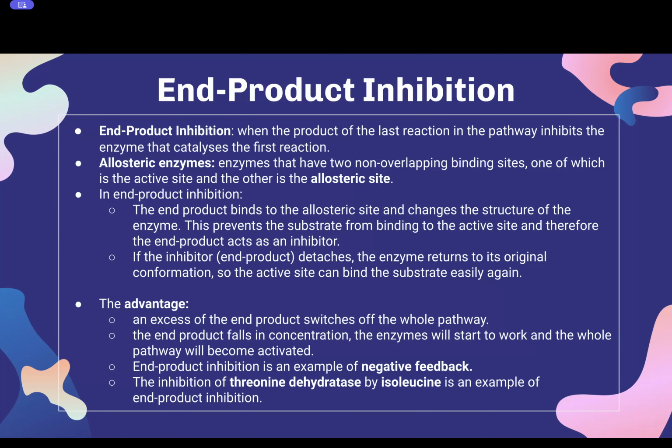So allosteric enzymes are enzymes that have two completely non-overlapping binding sites, one of which is obviously the active site, and the other is called the allosteric site. The allosteric site is where the inhibitor will bind to change the conformation of the enzyme. In end product inhibition specifically, the end product binds to the allosteric site and changes the structure of the enzyme.